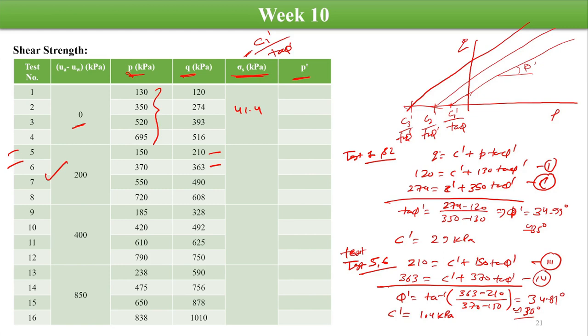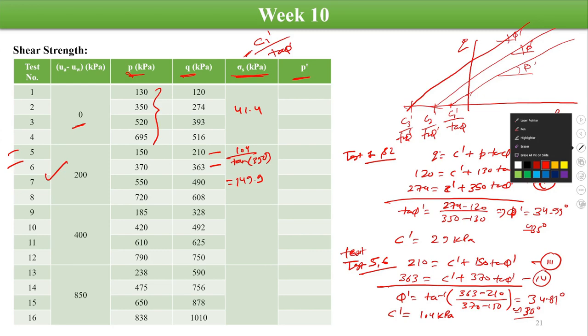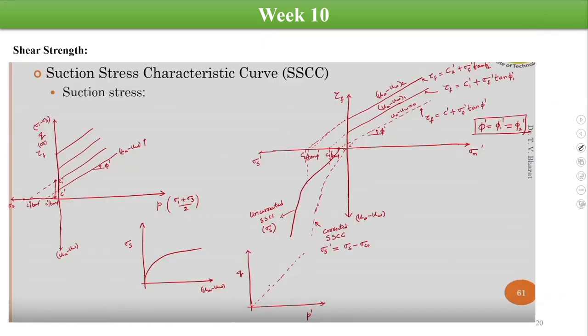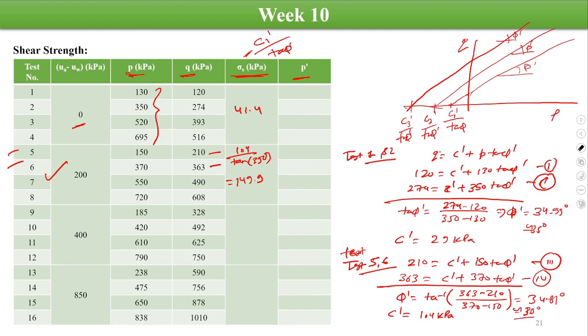So c1 dash is equal to 104 upon tan 35 degrees, so it will be equal to 149.9 kPa, right? Again, for the third set of experiments, we can see that phi dash will almost remain the same. We have seen from the theoretical background also, so we can directly calculate the value of c dash. So let me erase this portion so that we can get more space.